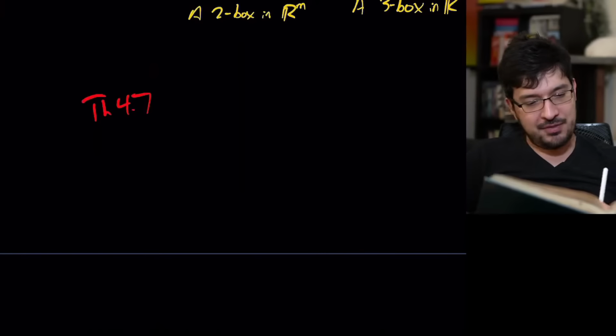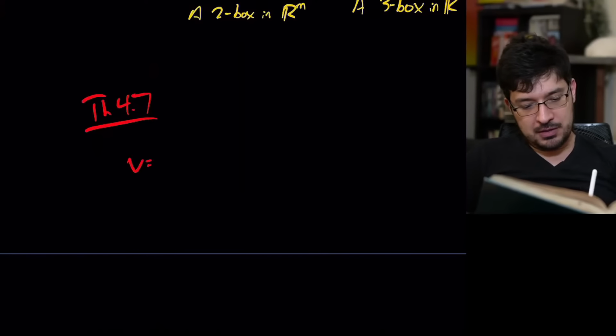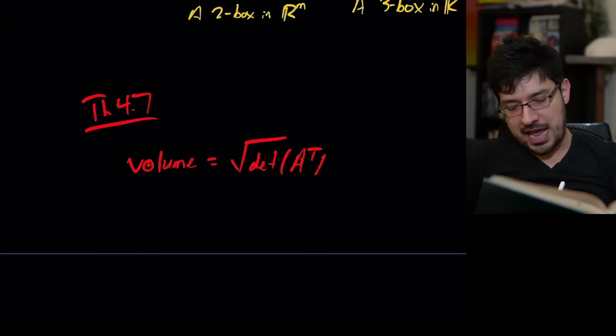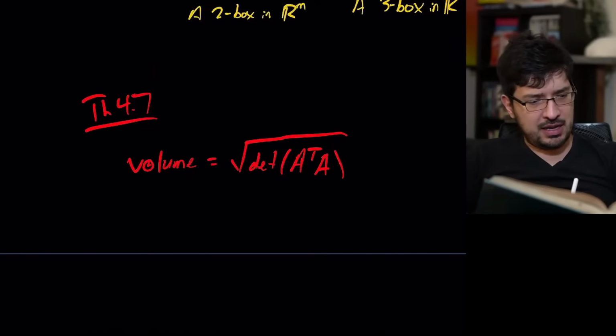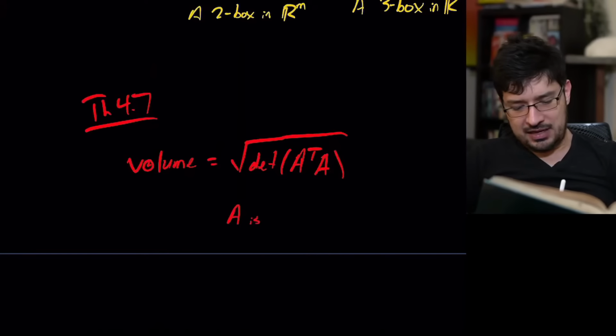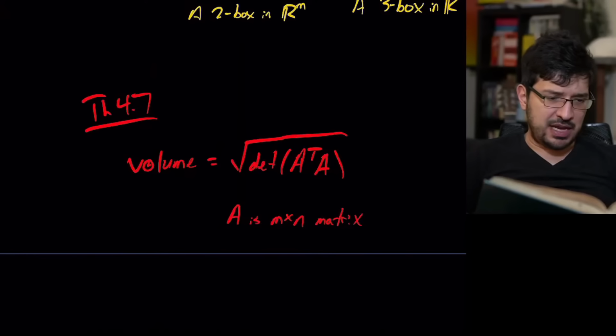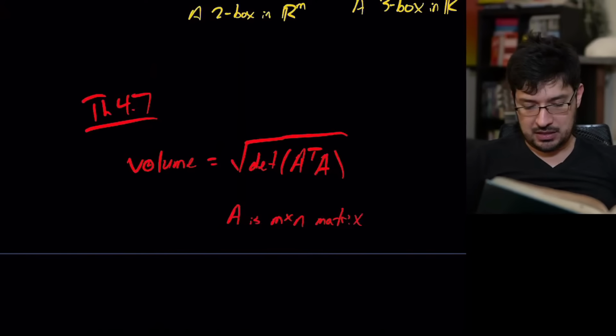Theorem 4.7: the volume of this n-box is the square root of the determinant of A transpose A, where A is an m by n matrix with aj as its jth column vector.